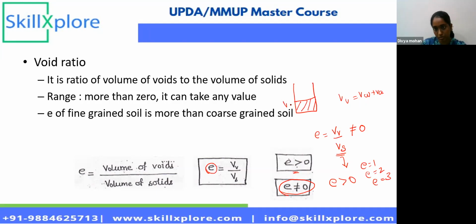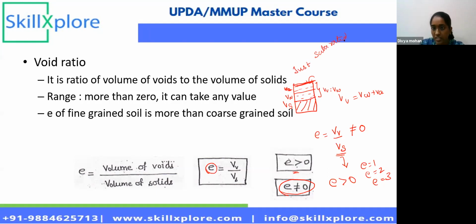This is the volume of solids, this is the volume of water, and this is the volume of air. If we add water into the soil, this level will increase, and at a particular level, this Va will vanish and the total Vv will be equal to Vw. At this condition, it is just a saturated condition.